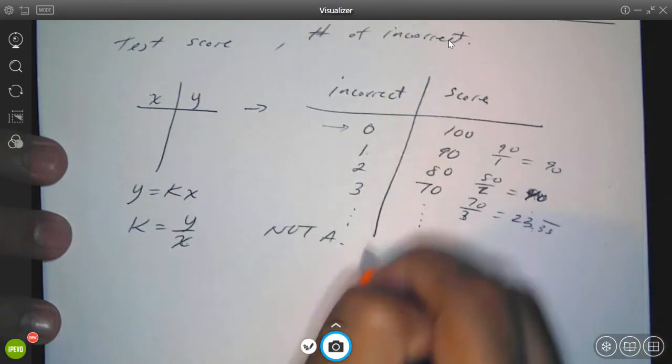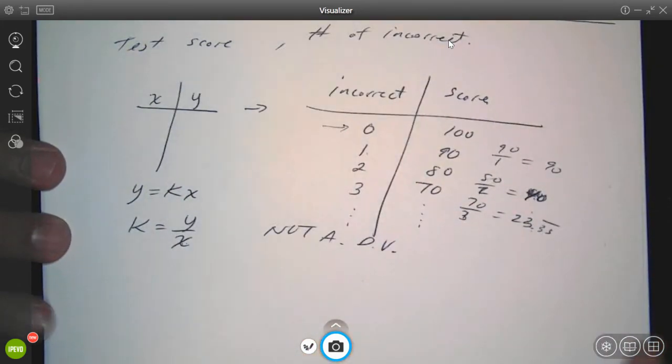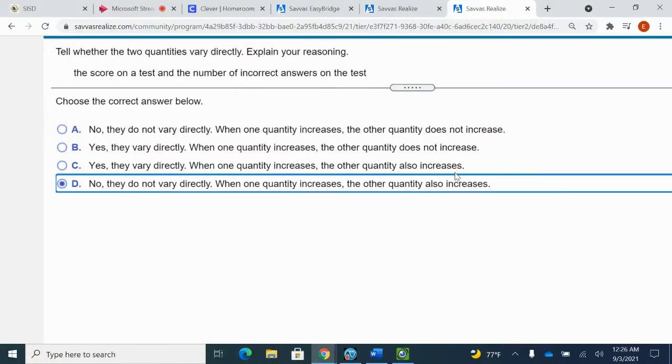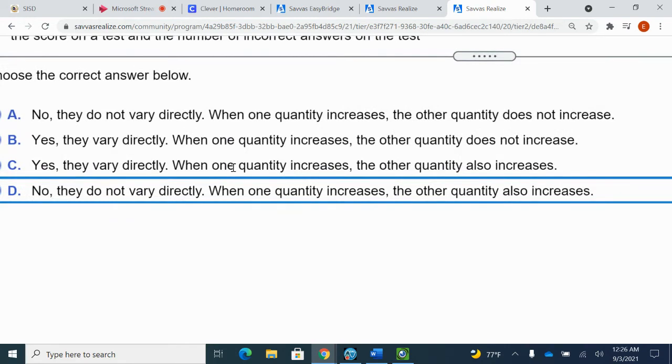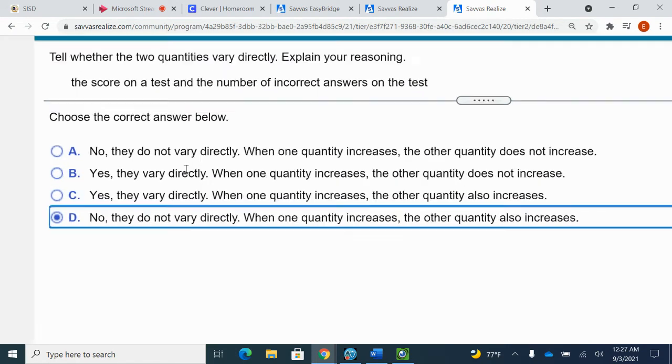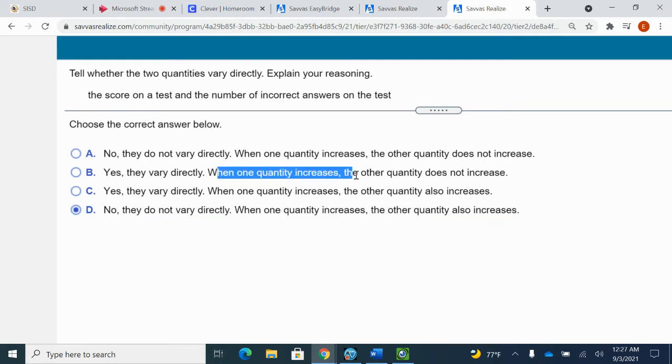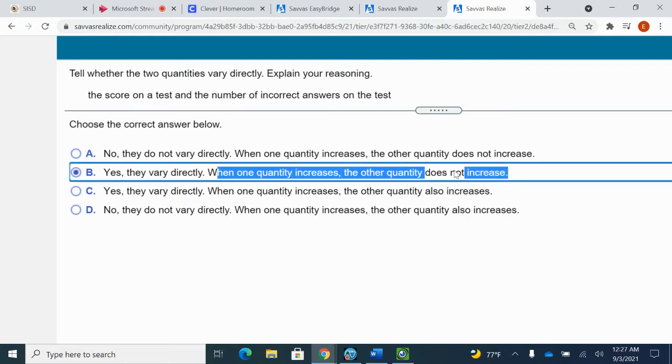Not a direct variation. When we go to our answer choices, you can also look at the other cases, like suppose we don't want to go through what I just did. We can actually read the choices. It says when one quantity increases, the other does not increase. Now notice it doesn't say the other goes down.